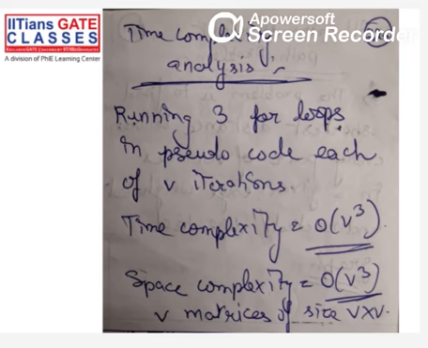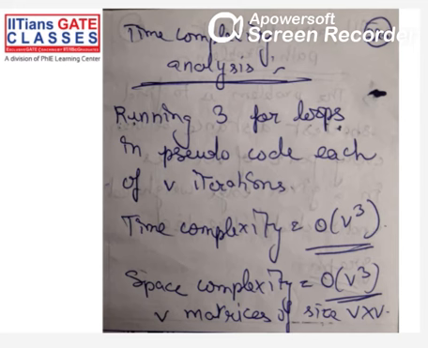So you're trying to solve for each element inside that matrix. That is V square operations per matrix, and how many matrices are you trying to create? You're trying to create V matrices, correct? So that means V into V square, which is V cube. So V cube will be the time complexity for the Floyd-Warshall algorithm.